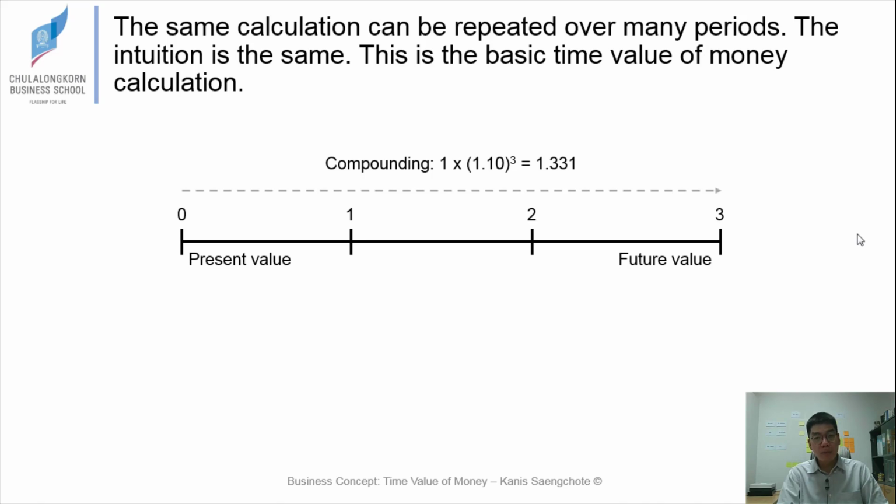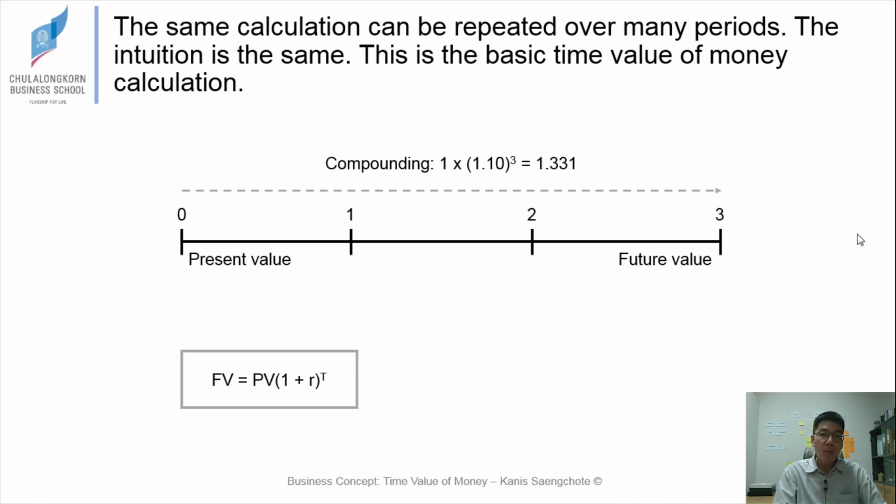Now, the discounting process reverses the order. If we end up with 1.331, then we can discount it back and start with 1 instead. Remember, compounding increases in value. You can write this as a general formula like this: future value equals the beginning present value multiplied by 1 plus the rate of return raised to the power of the compounding periods.